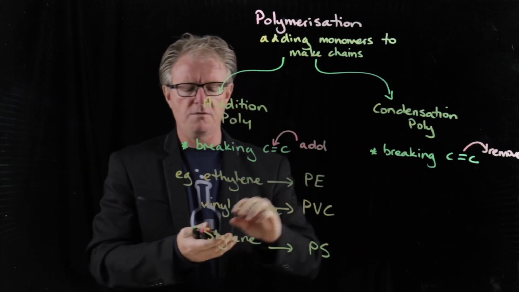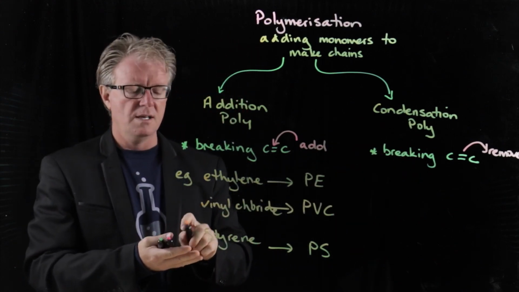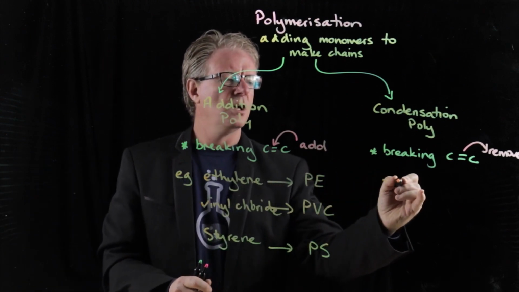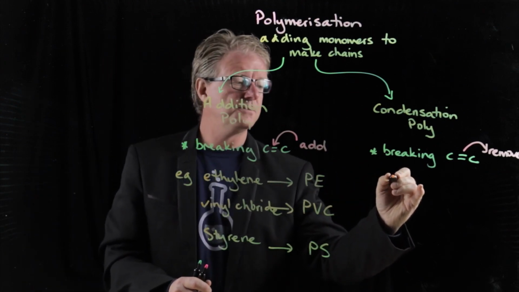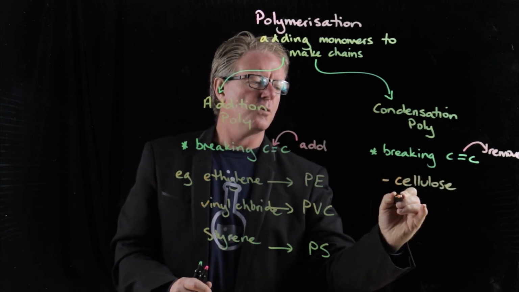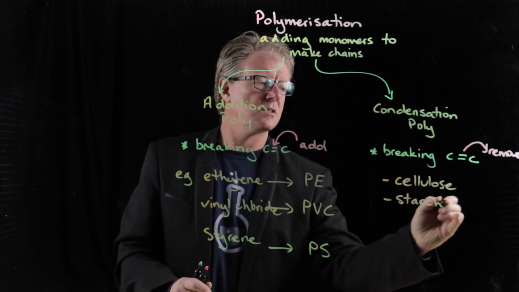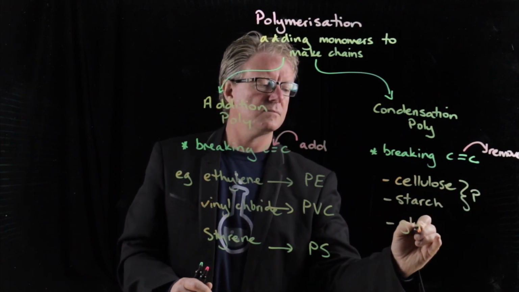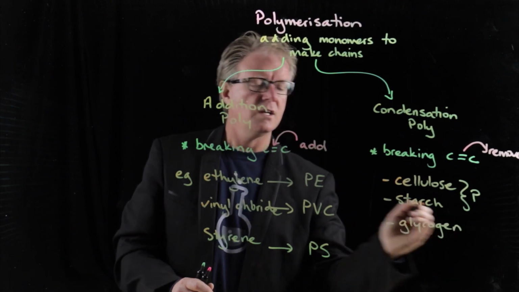Some examples of condensation polymerization, where we're taking a small molecule out to join two monomers together, would be the formation of cellulose, the formation of starch, so they're both plant-based. Then we have glycogen. Now what's glycogen?